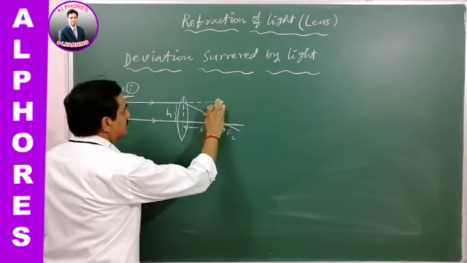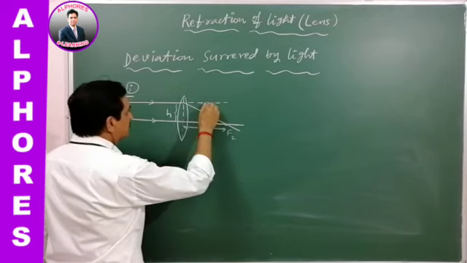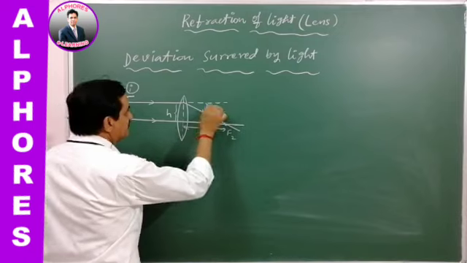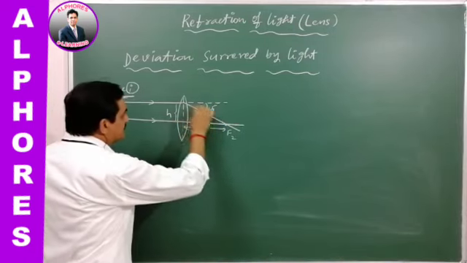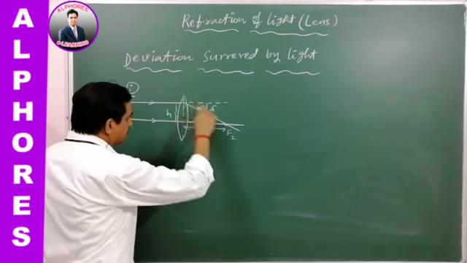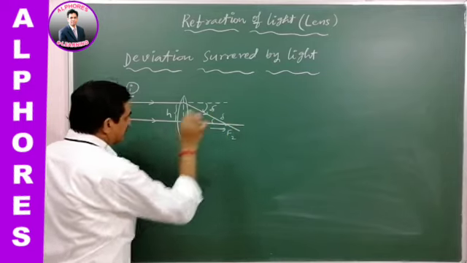The deviation is in the clockwise direction. This is the clockwise deviation delta. These two are parallel light rays. This is a transverse line. This is delta and this one is also delta.